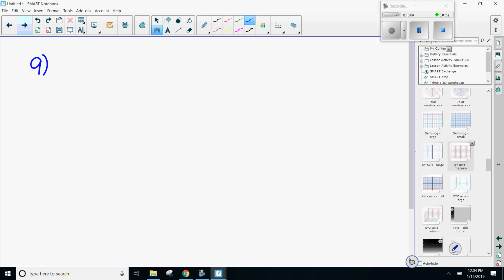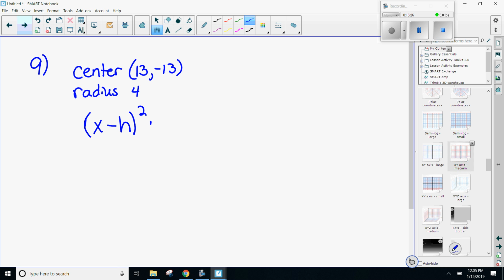Okay, the center of the circle is 13, negative 13. And the radius is 4. So remember that equation for a circle. It's going to be x minus h squared plus y minus k squared equals r squared.